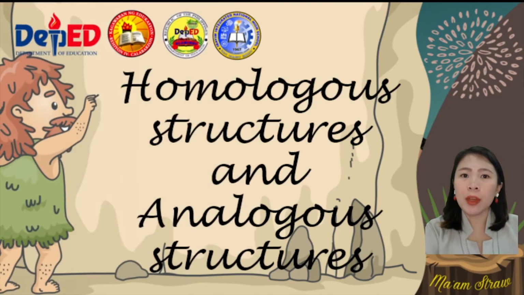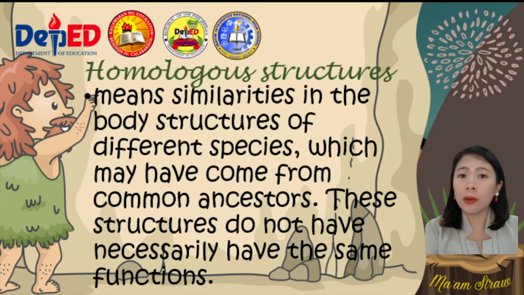Comparative anatomy possesses two main ideas or concepts. These are homologous structures and analogous structures. What are homologous structures? Homologous structures means similarities in the body structures of different species, which may have come from common ancestors. These structures do not necessarily have the same function.